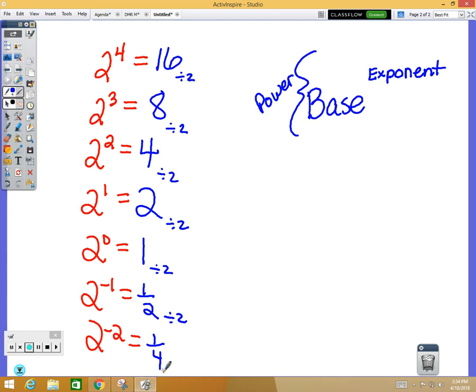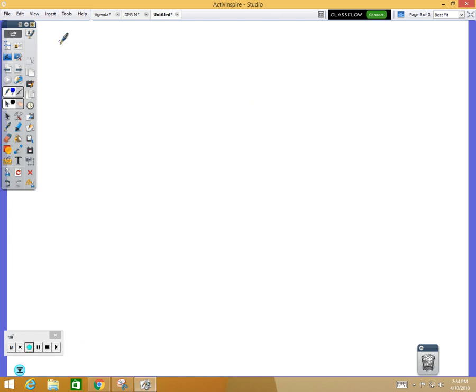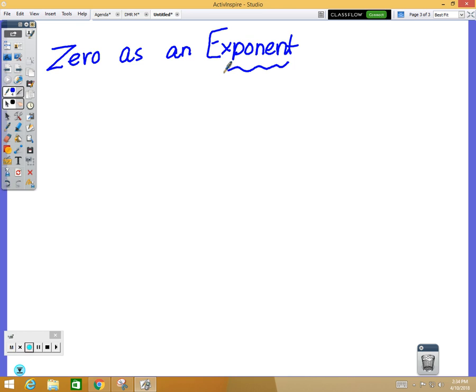All right, let me go ahead and write down the rules then. These are properties. Anytime you have rules in math, they're called properties. So let's talk about the rule if you have 0 as an exponent. What do you think that rule would say? It equals 1.